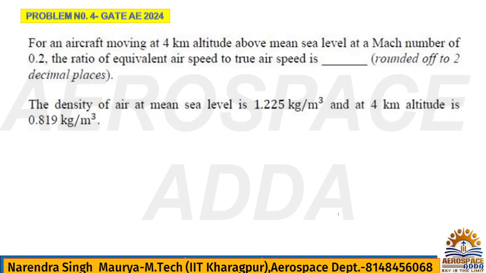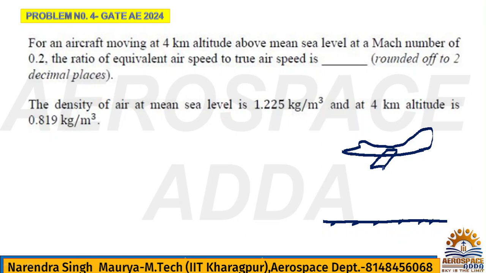So for this problem, this is sea level, this aircraft is flying here. What is the altitude? 4 km altitude, and this is sea level, SL for sea level.